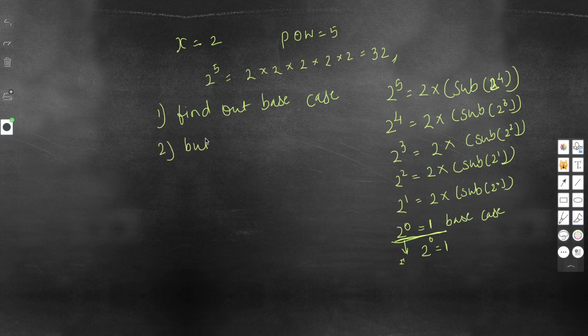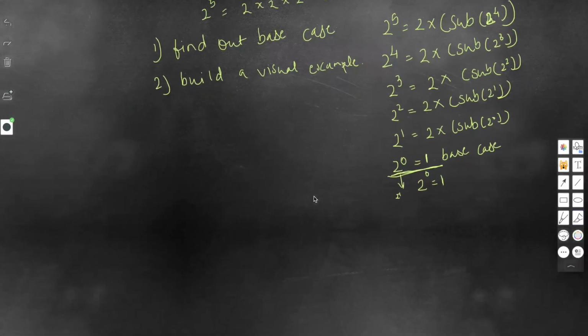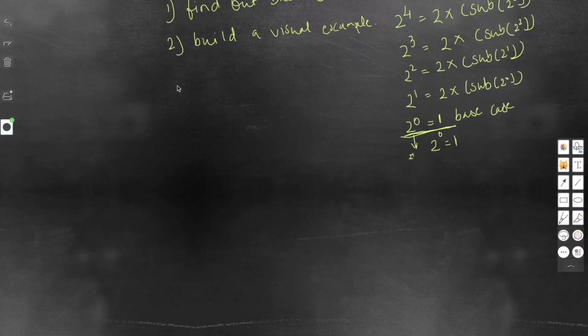Build a visual example. Now I need to build a visual example for this. So let's try to build one visual example. Just randomly, let's suppose I need to calculate 2 to the power 5. Randomly I'm making a 5 box.